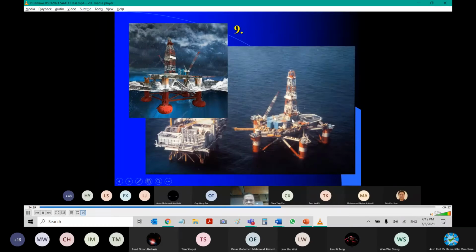Now this is Alexander Keelan that I'm talking about. This is in the North Sea, and the North Sea is a very rough sea basically. If you learn geography, the North Sea is actually north of Scotland.